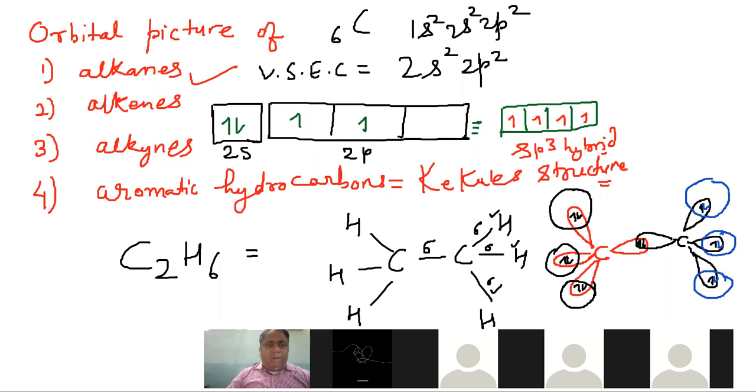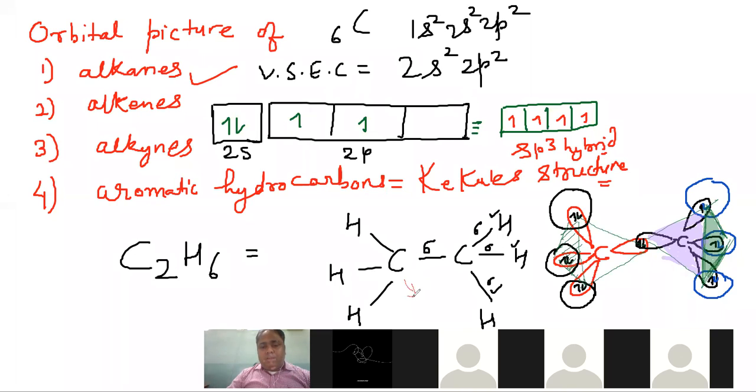If you carefully look at this structure, you will find that it is forming a tetrahedron, because it is an sp3 hybrid structure.